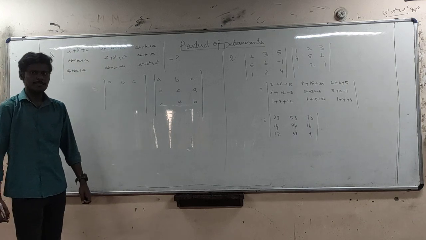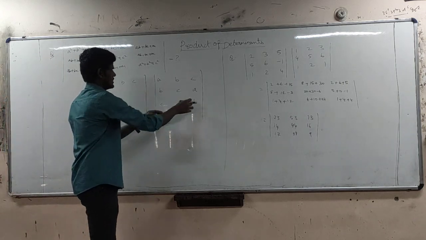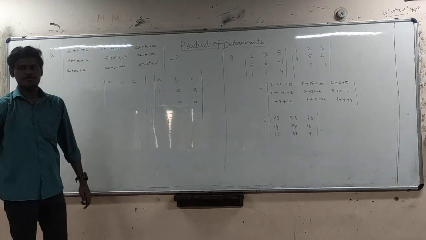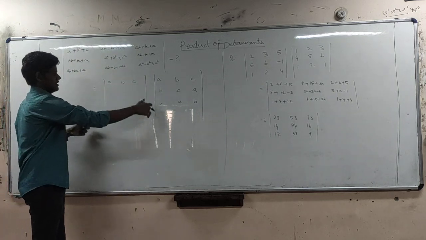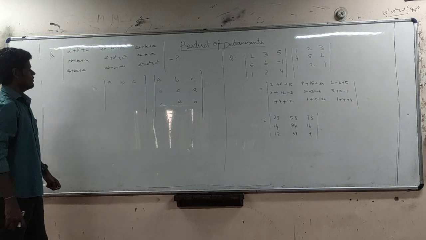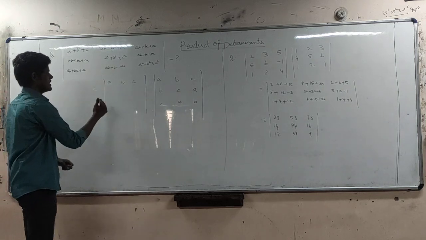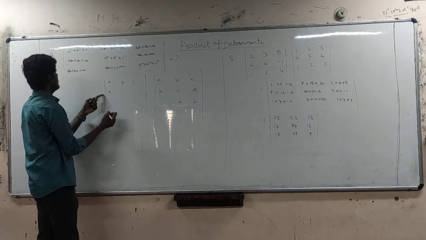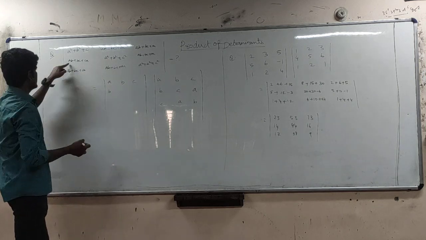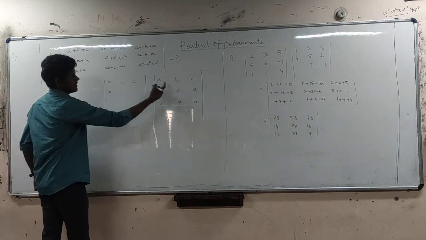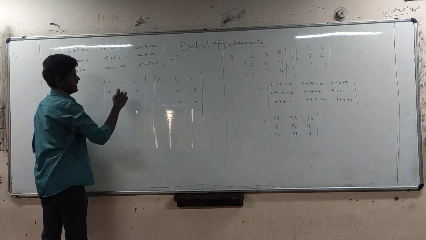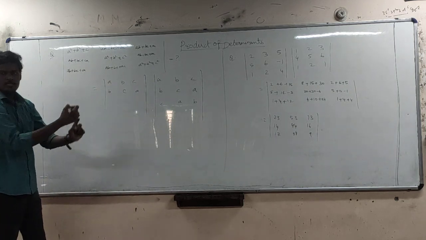Now when I write like this, it is symmetrical, and the entire determinant is the same. So by symmetry, we can write this as, here if I write b, then a into b, the first term comes. Next is b into c, b, c, a. So the entire term is symmetrical.